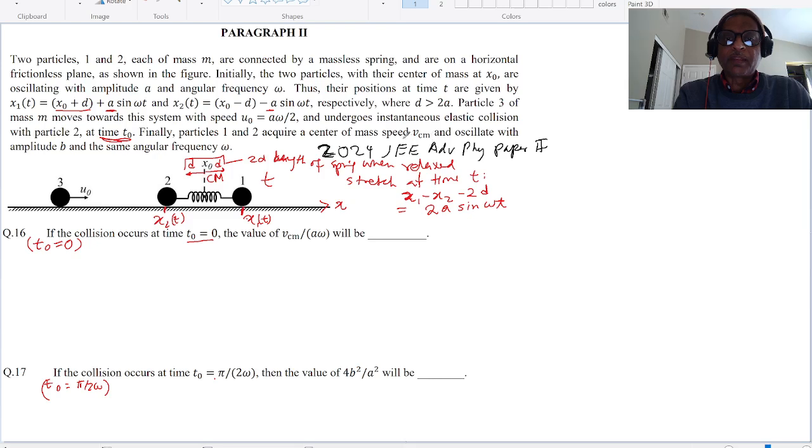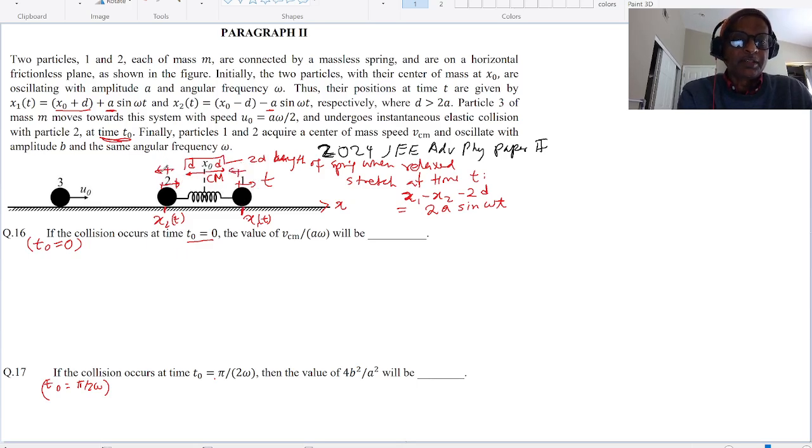Then finally, the particles acquire a center of mass velocity VCM. So this is before and after the collision. Before this, because the oscillation is time dependent, this may be moving, it may have its own velocity, or it may be pointed that way.